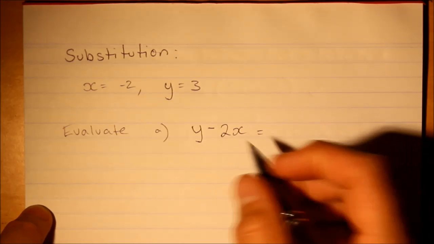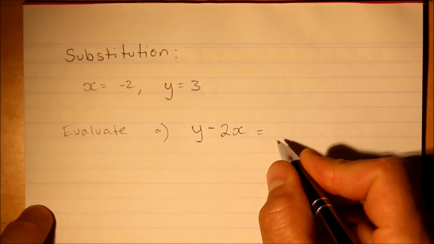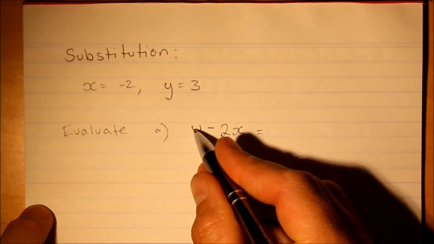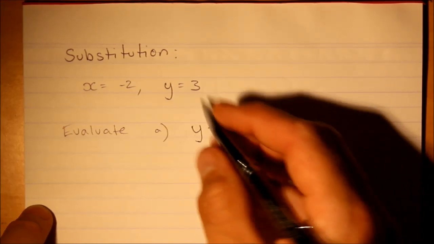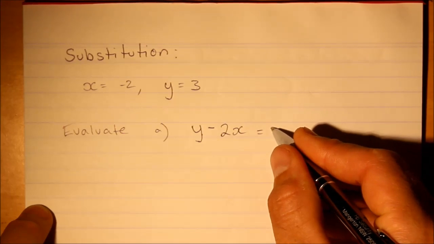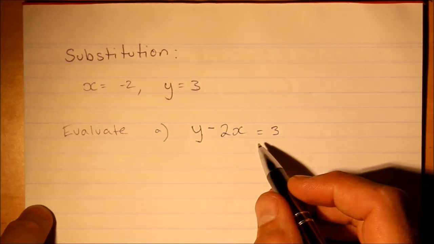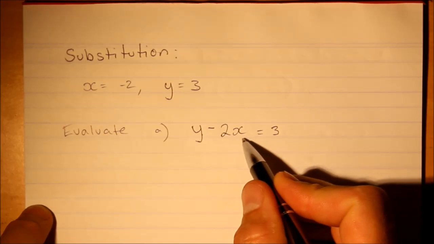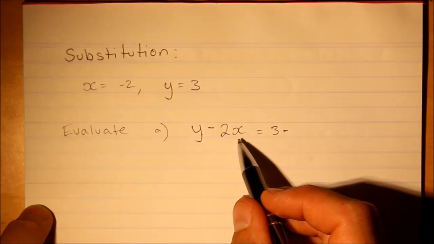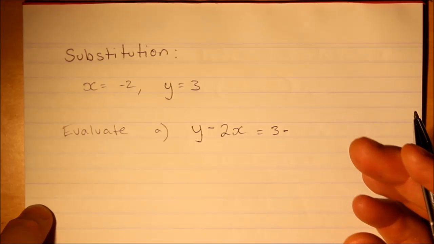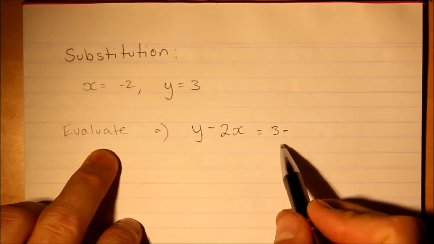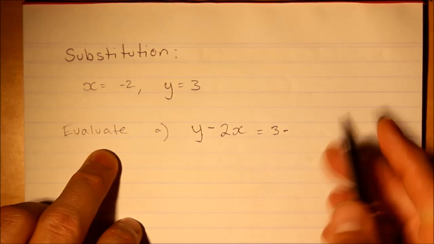So let's have a look. Now what you can do is, for cases like this where it's just a pronumeral by itself, that's fine. Just instead of the y, you can just put the 3. And here, however, there's a little habit that you might want to get into, is using parentheses to show the substitution.